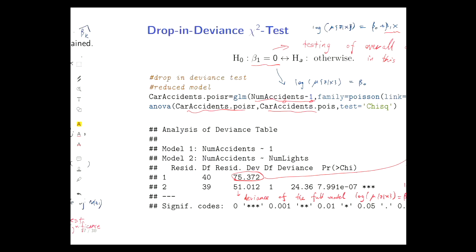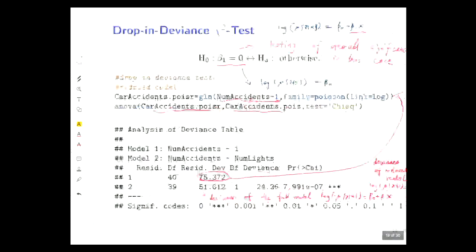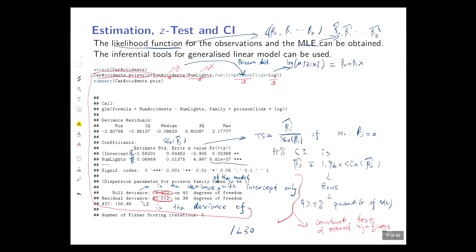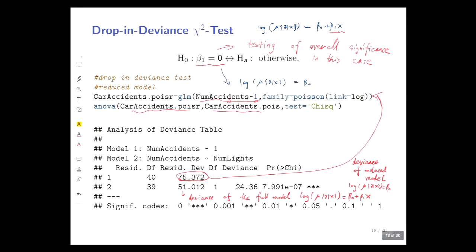And if you compare these two figures, 75 and 51, you can also find these two figures in the summary output. So you can actually use these two figures to perform this overall significance test.